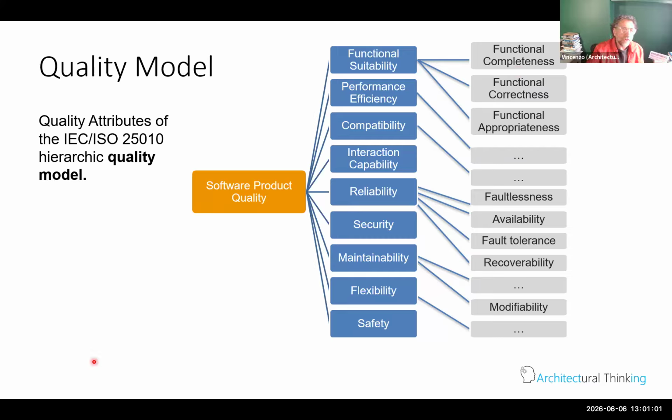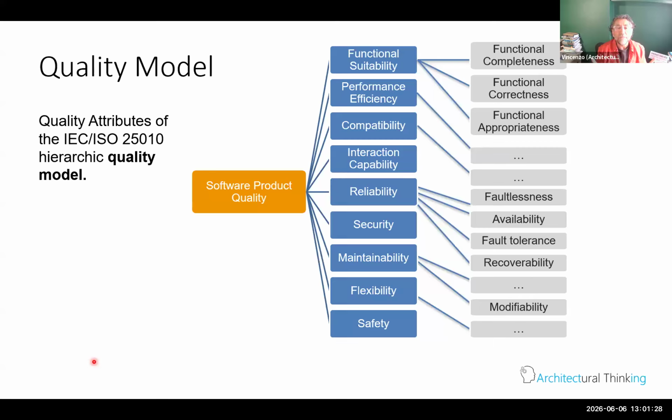This is just a model. For example, if you do a project using AWS cloud, they also have a quality model. There are other models out there. So this is not intended to be the universal, complete and exhaustive set of quality attributes for a software system.